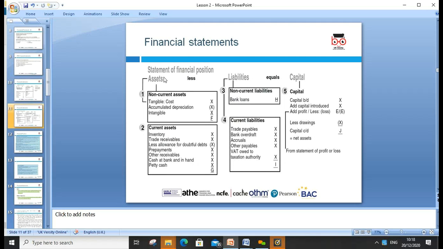Okay, the second statement is the balance sheet. The balance sheet shows assets, liabilities and capital, and this is also known as the accounting equation. If you take the liabilities out of the assets, you get your capital. Say you bought a house for 100,000 pounds and you paid 50,000 pounds, so you have a liability of 50,000.